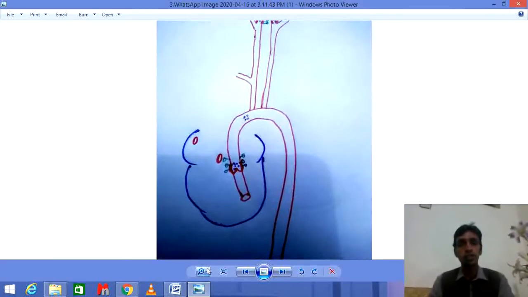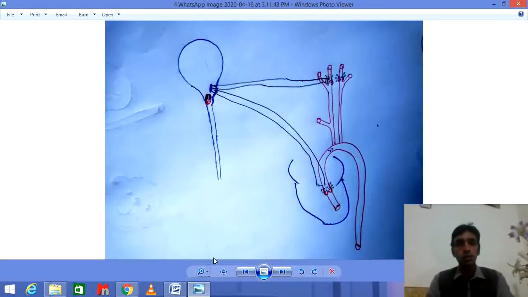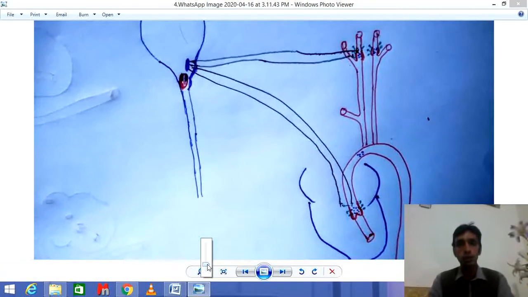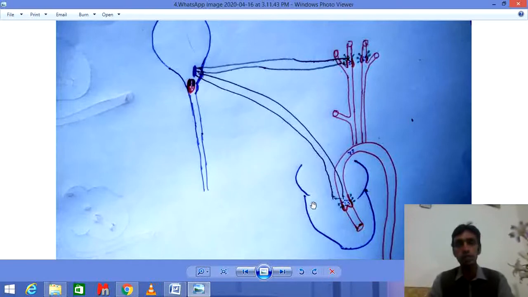Now, coming toward the next diagram, as I have told you that the baroreceptor and the chemoreceptor are present in aortic and carotid bodies. The baroreceptor and chemoreceptors detect the blood pressure and the concentration of carbon dioxide, oxygen and proton. Let's suppose we are talking about the baroreceptor.